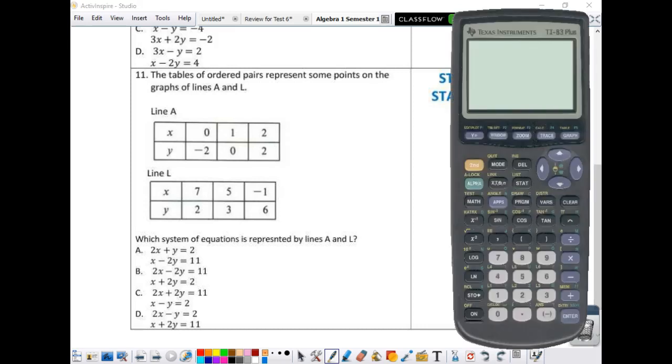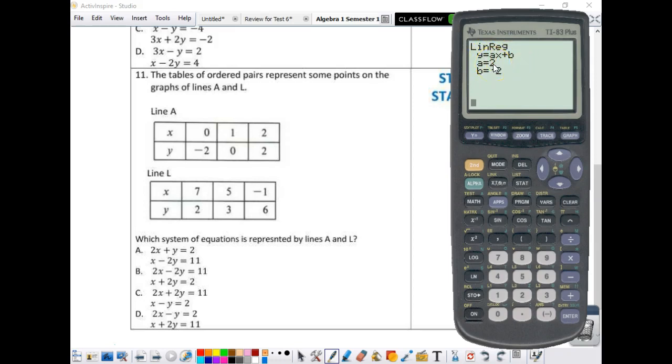Pull up my calculator. So turn on your calculator, not computer, and go to StatEdit. Values, remember L1 is always your values. So 0, 1, 2, and then on L2, -2, 0, and 2, and then do StatCalc 4 because it's linear, enter, and you have your linear regression in y equals mx plus b form.